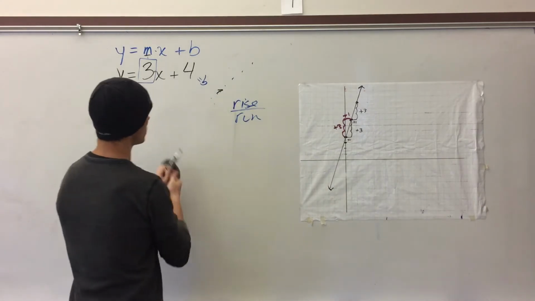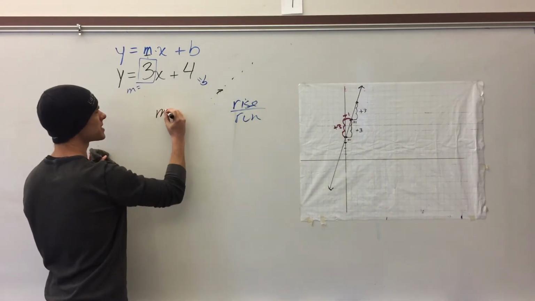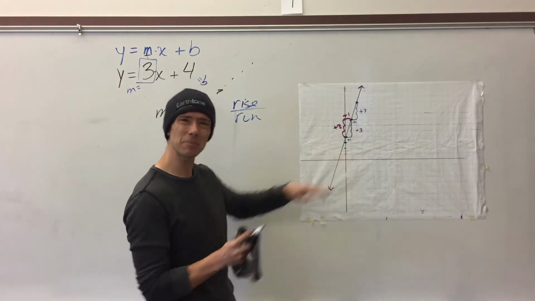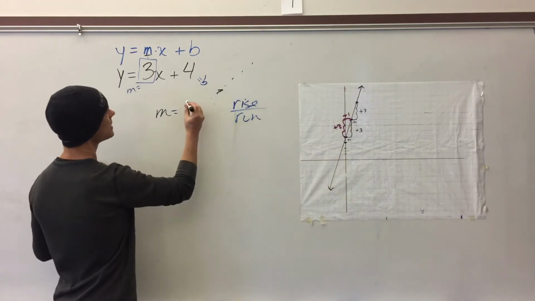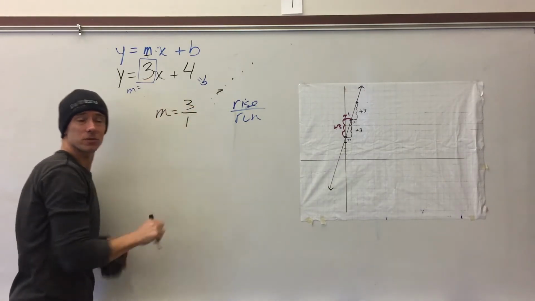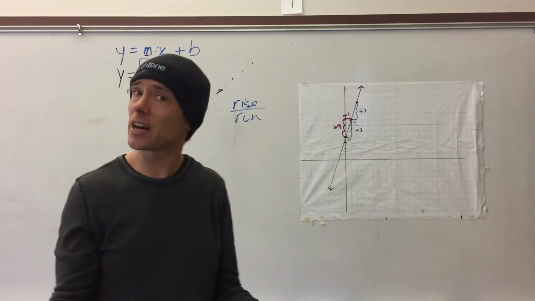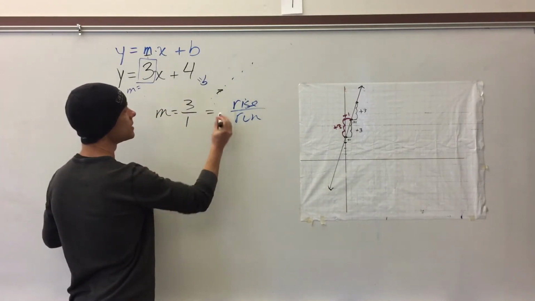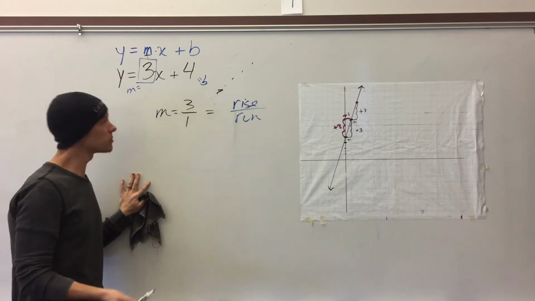It's also worth noting that slope itself, which is a measure of steepness, it's how we measure how steep this line is, would be 3 over 1. You write the 1 because when you divide by 1, it doesn't change the value of the thing you're dividing. But 3 over 1, that would kind of be your rise over your run.